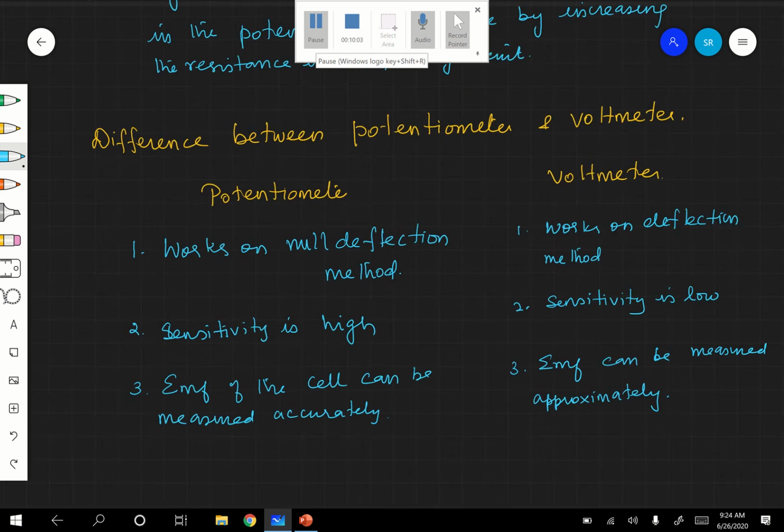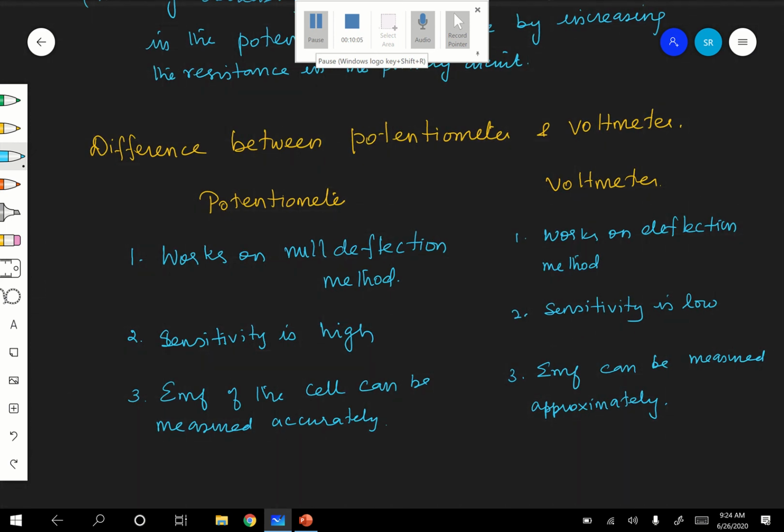So why? Because while you are measuring the EMF with the potentiometer, you are going for null deflection. At that time the potentiometer wire does not draw any current, because it is going for null deflection. What is the current in the galvanometer? Zero. So it won't draw any current.